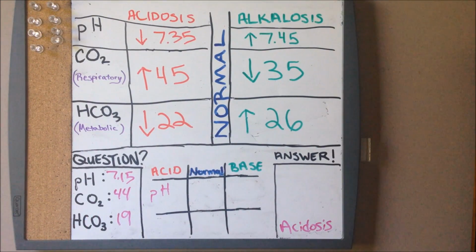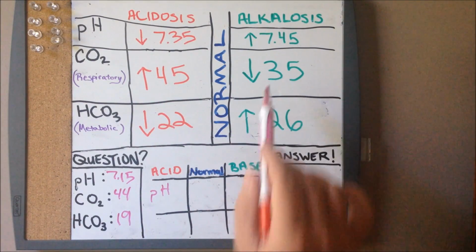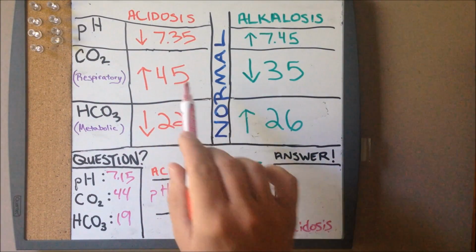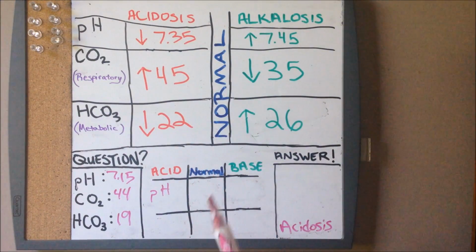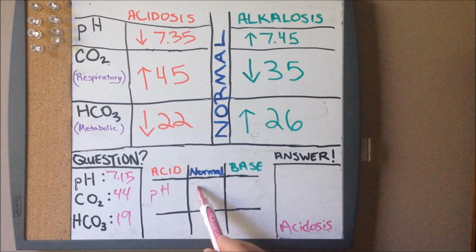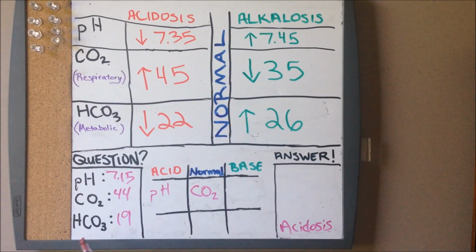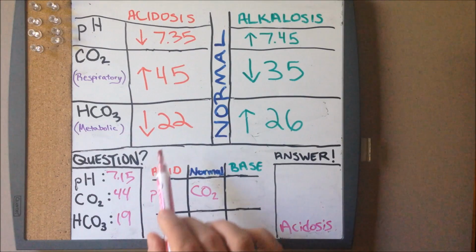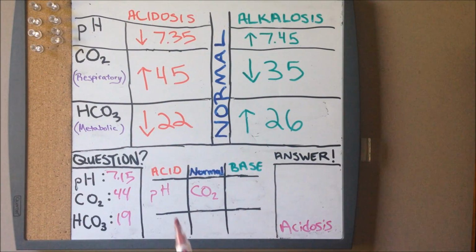Next, our CO2 of 44 is not greater than 45, and it is not less than 35. It's in between, therefore we know it's normal, so we're going to write it in the normal column, CO2. Finally, our bicarbonate of 19 is less than 22.